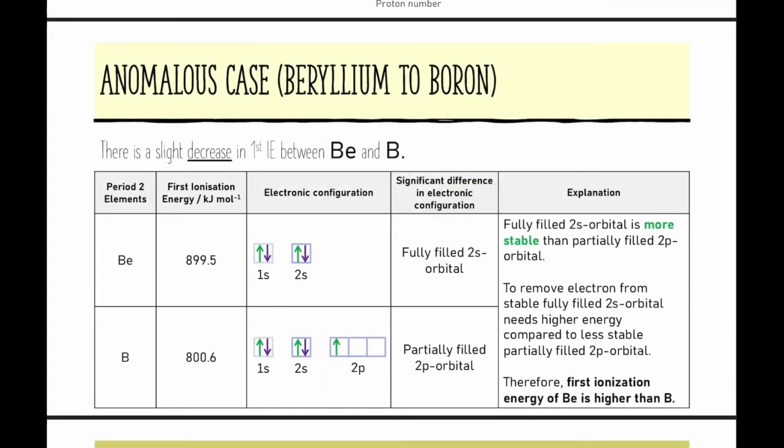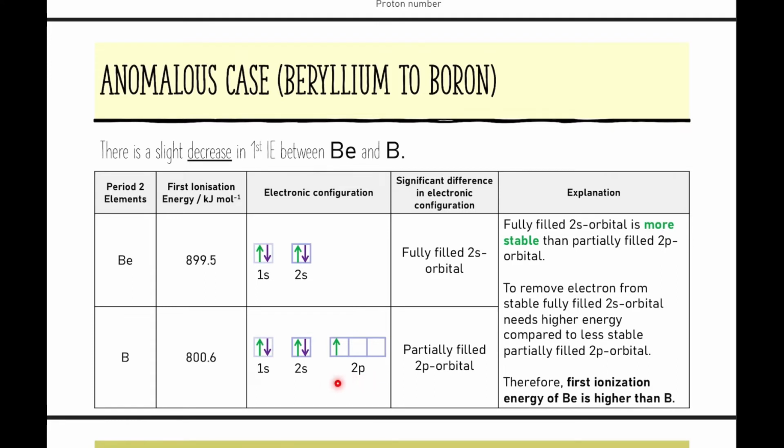Let's have a look at the first anomaly in the first ionization energy, between beryllium and boron. There is a slight decrease in first ionization energy between beryllium and boron. This is due to the electronic configuration of beryllium, which is 1s2 2s2. Here, as we can see, 2s2 is a fully filled 2s orbital, in comparison to boron, which is 1s2 2s2 2p1.